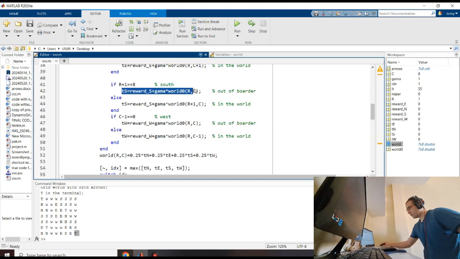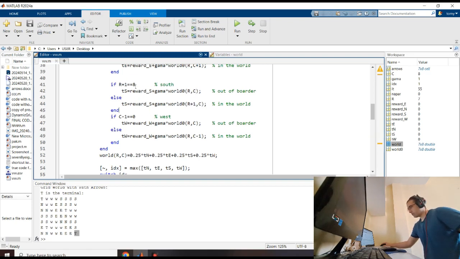So this is the normal equation, okay? If we are out of border, we tell it please come here and use the normal equation. And if we are in the world, you can use the normal equation. Of course, if it is out of border, come back here and use the normal equation.